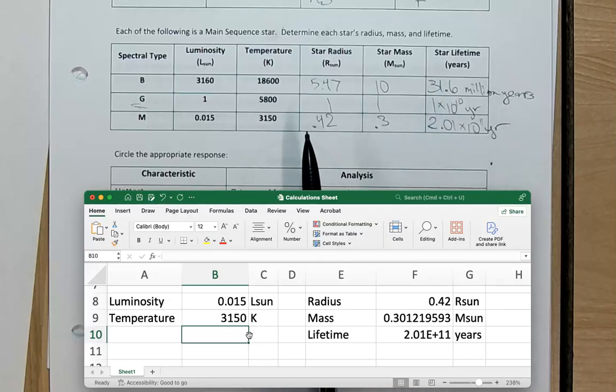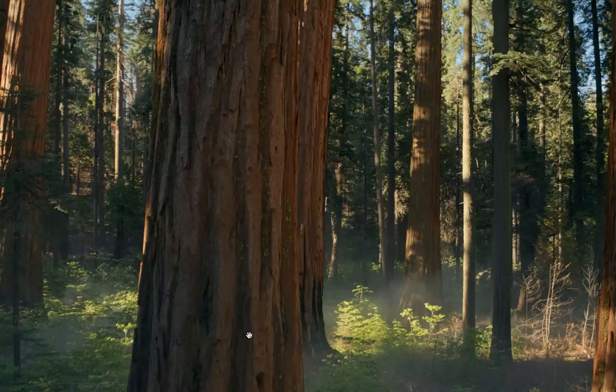Right? What about this M-type star? This M-type star, it's dim, it's cool, it's red. Why is it so dim and so cool? Because it's lower mass. And if it's lower mass, it's also going to be smaller. But the upside of having a low mass is that this star is going to live for 2 times 10 to the 11 years, right?